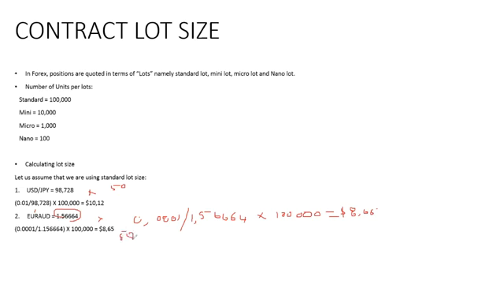Let's see if it moves 100 pips: 100 multiplied by 8.66 is about $86. And if this one happens to move 100, it'll give us $100. So that matters a lot. We need to be careful on how we calculate our profits or losses.